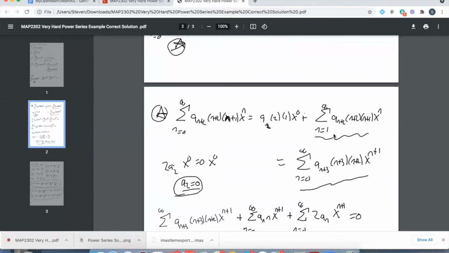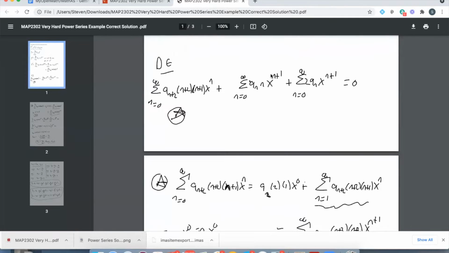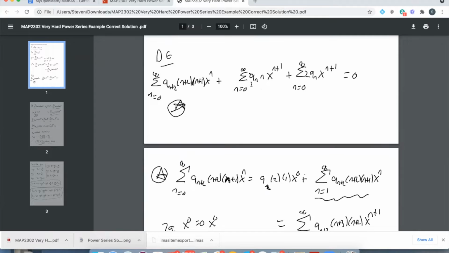These two guys I haven't done anything with. Have I? Let's see. What did I do here? Oh, yeah. So I plug in 0 to this guy. His first term is 0 because of that n right there. That's a sub n times n. So his first term was 0.